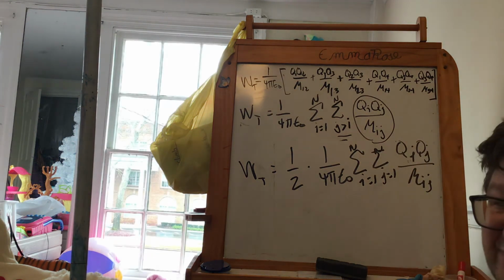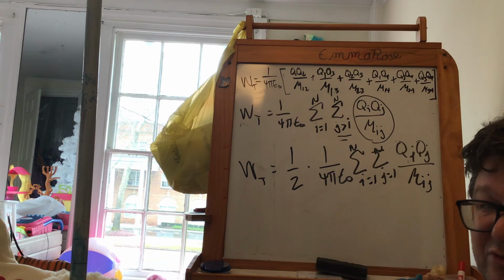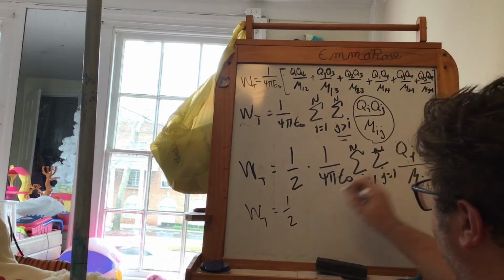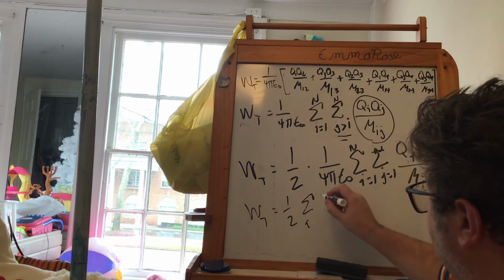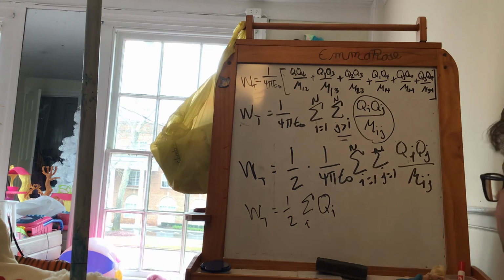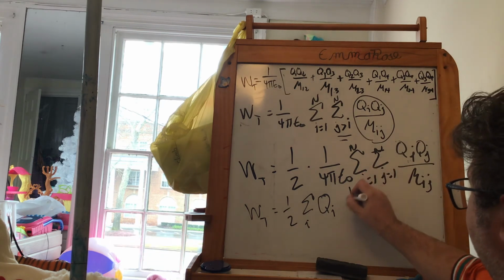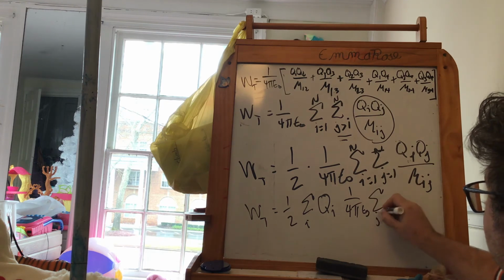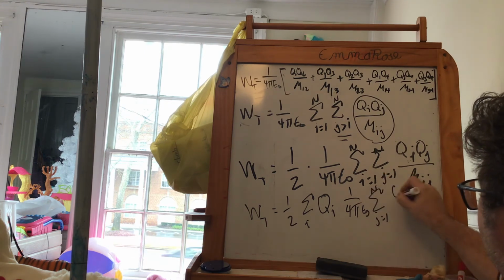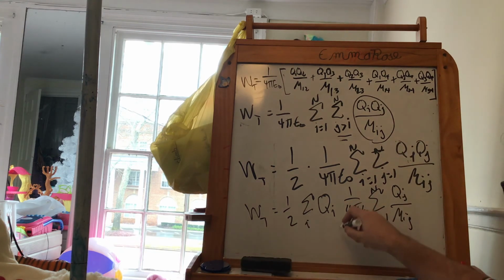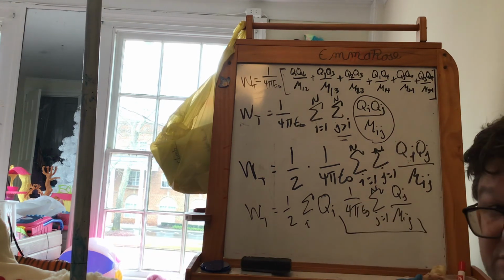All right, so then I can do some rearranging. I can keep the 1/2 out. I can pull the sum with respect to i here. And then I have 1 over 4 pi epsilon naught, the sum of j equal to 1 to n q_j over script r_ij. But hey, isn't this just the potential?